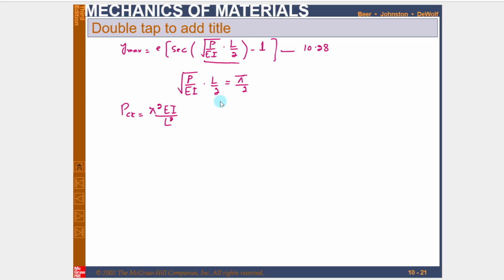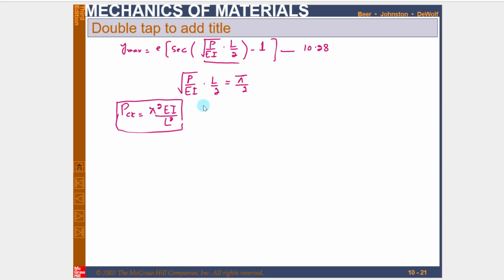So the deflection does not actually become infinite, but it becomes unacceptably large, so P should not be allowed to reach the critical value. Your applied load should not exceed this value.